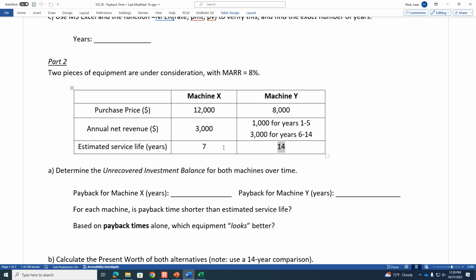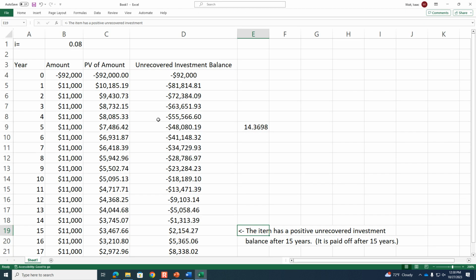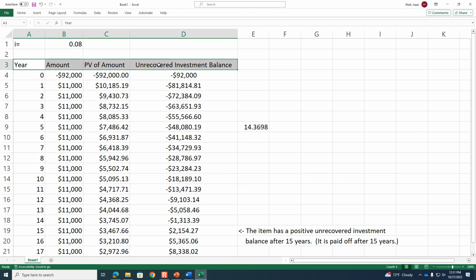And so when you set up a table, you're going to calculate the unrecovered investment balance for both machines over time. So setting up a table similar to this, but setting up one table for machine X, one table for machine Y, and then we'll just compare how long does it take for the unrecovered investment balance to go from negative to positive for both alternatives.